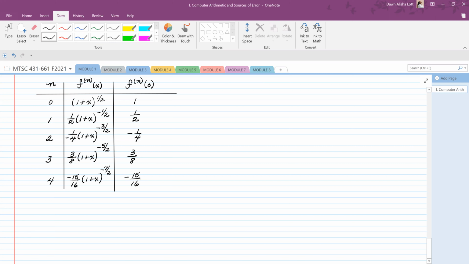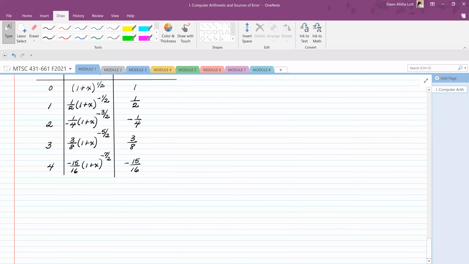If you can figure out the formula, it's beautiful. But sometimes we can't figure out the formula. So we can write our Taylor series, f of x equal to the square root of 1 plus x: the first is 1 plus 1/2 x to the first power minus 1/4 x squared plus 3/8 x cubed minus 15/16.